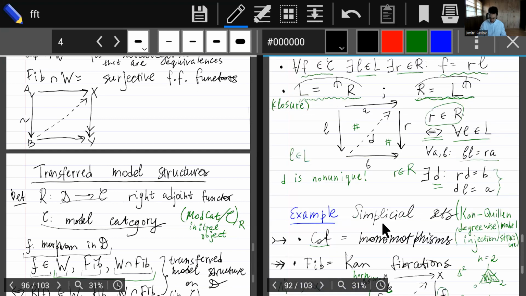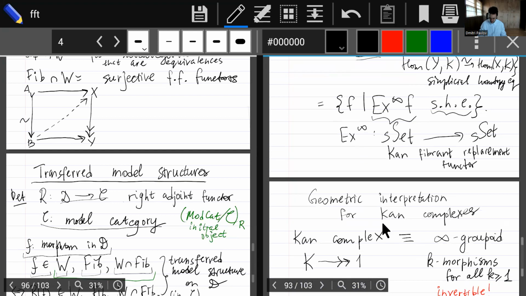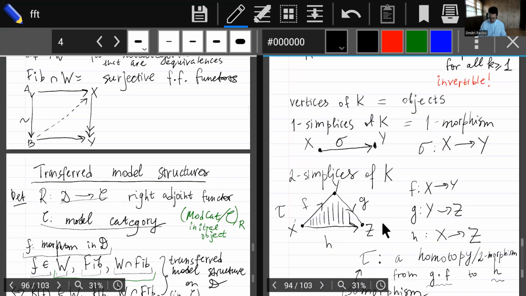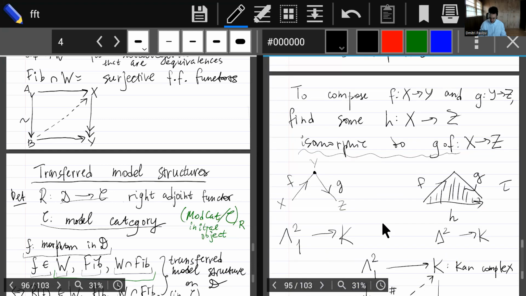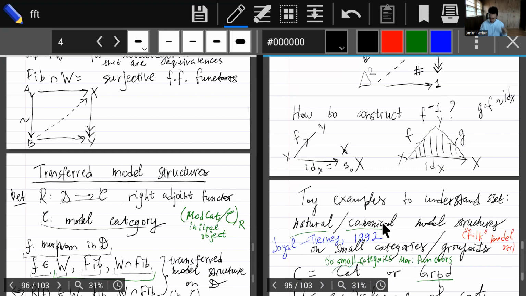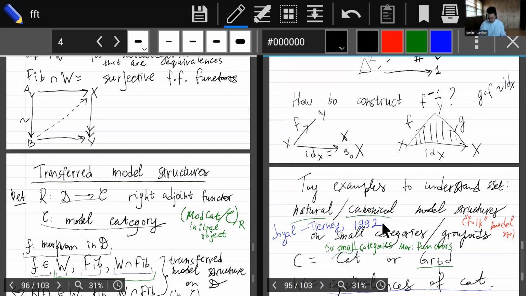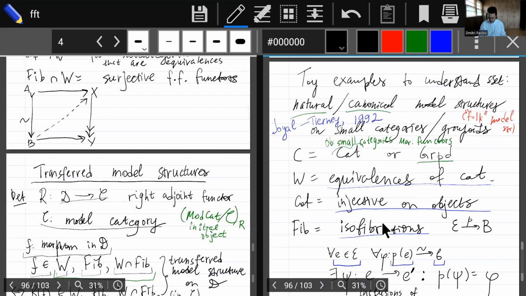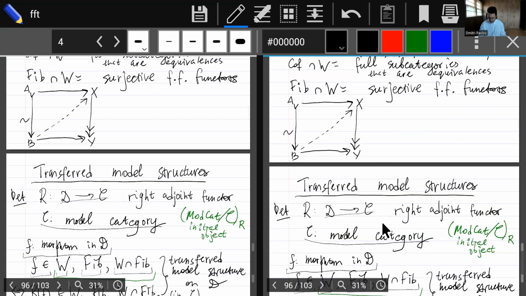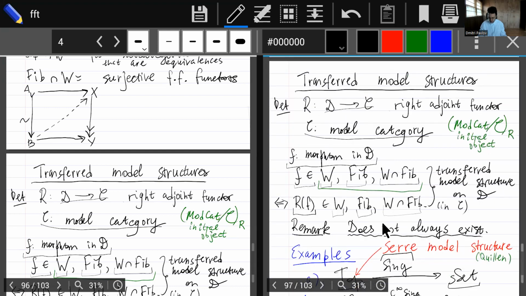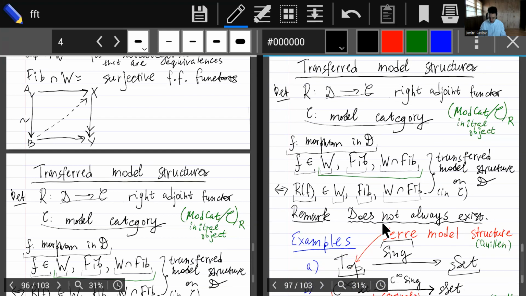So we get some model categories, we get the Quillen model structures. And we did mention transfer model structures.